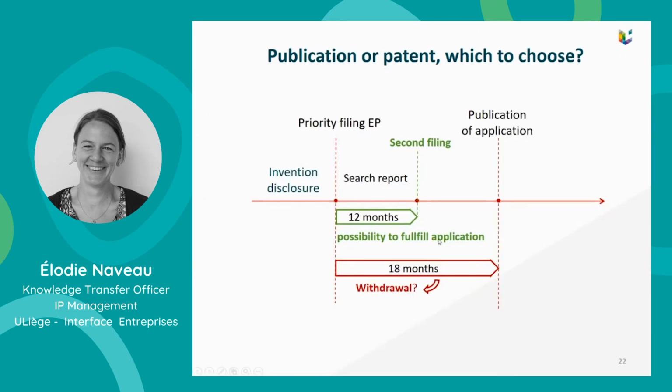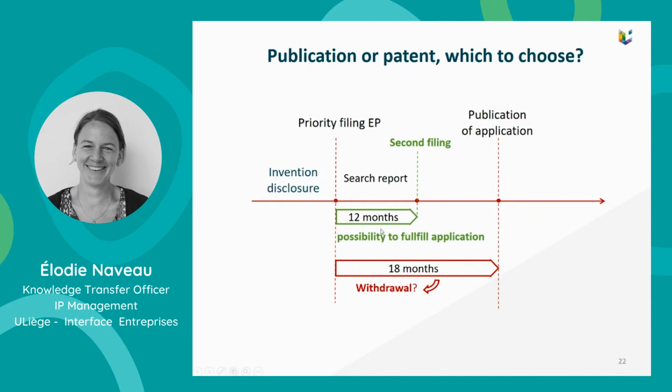Patent or publication, which to choose? Well, here this line is to show you what the possibilities are. You have here the priority filing, and before that you have the invention disclosure. Invention disclosure is something internal. It's really the starting point of any patent procedure at the university.